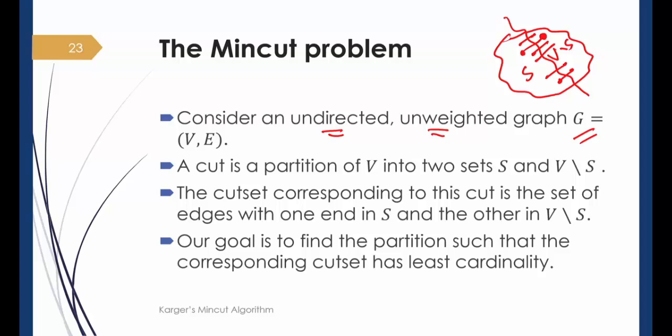Now, our goal is to find the partition, the cut, such that the corresponding cut set has least cardinality. And so, naturally, this is called the minimum cut or the mincut problem.